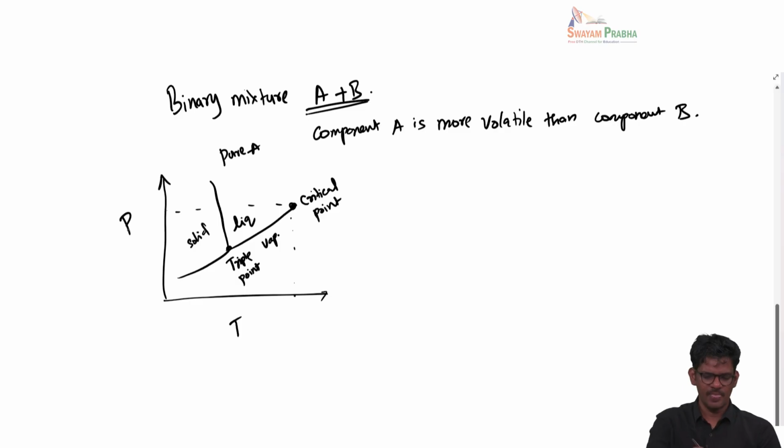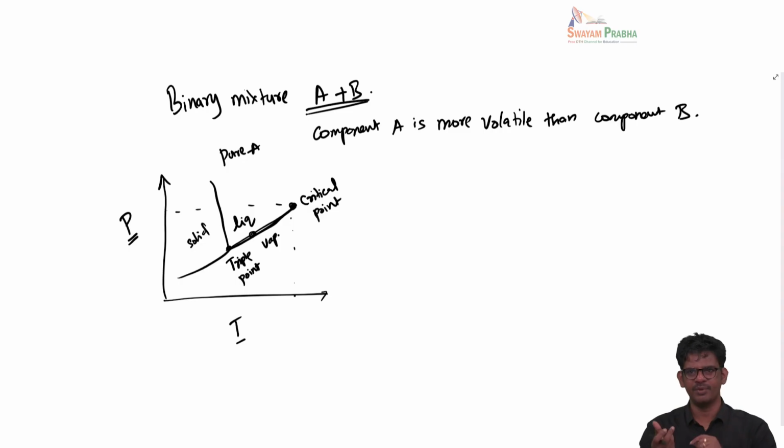If you look at the pure A or pure B case, there is a line which is called the vapor liquid equilibrium line. If I take any point on this line, it will phase separate into liquid and vapor. However, the liquid and vapor both will be pure components, not mixtures.